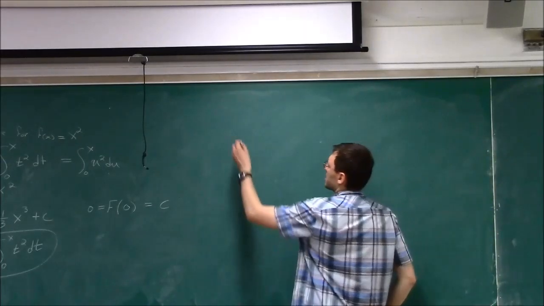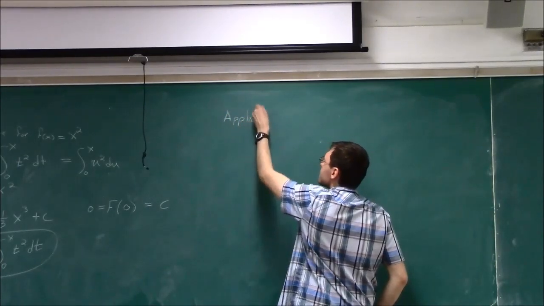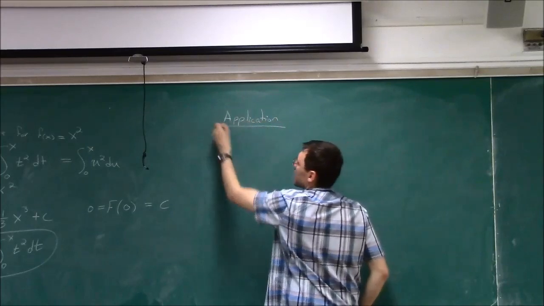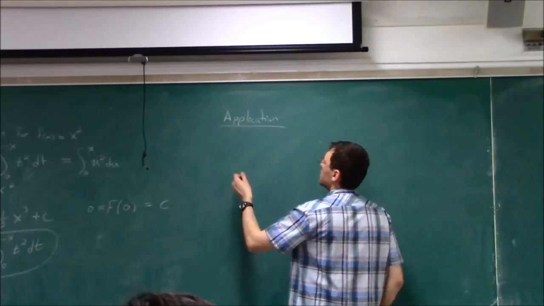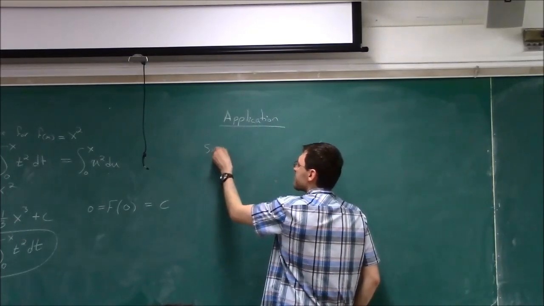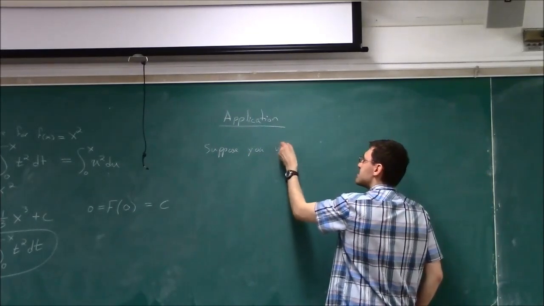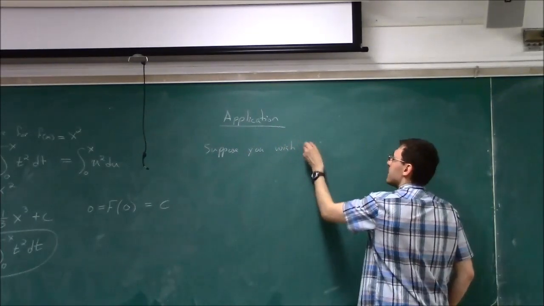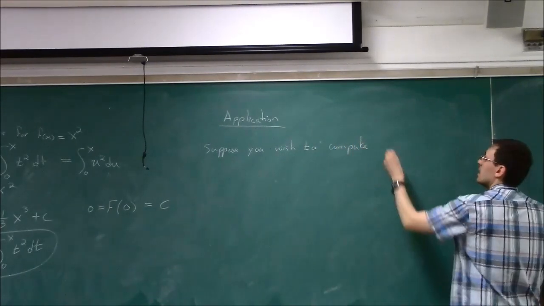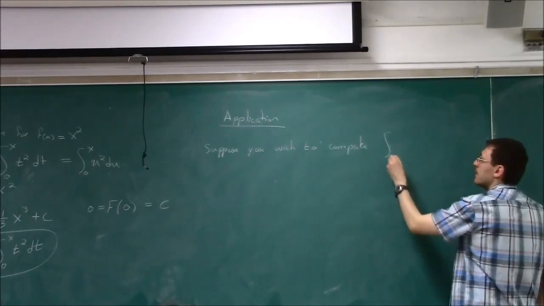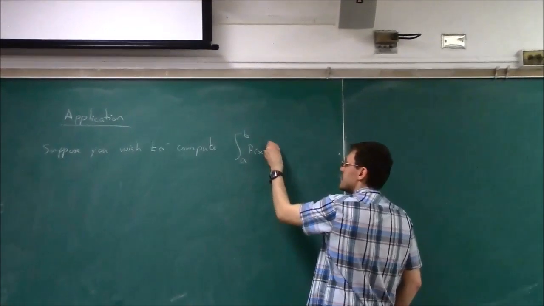So here is an application. Let me just write this application, and then we'll go. So application: suppose you wish to compute the area from A to B of f of x dx.